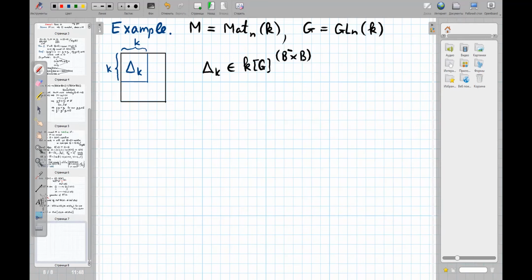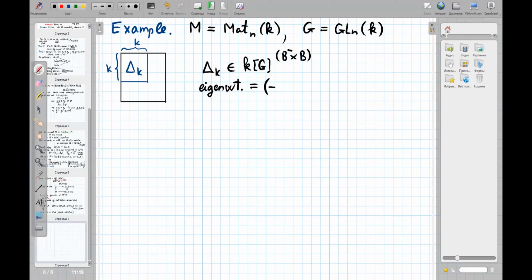Yeah, and the eigenweights of these functions are, in our previous notation, a pair corresponding to the character of B minus and the character of B. So a pair of characters of T.